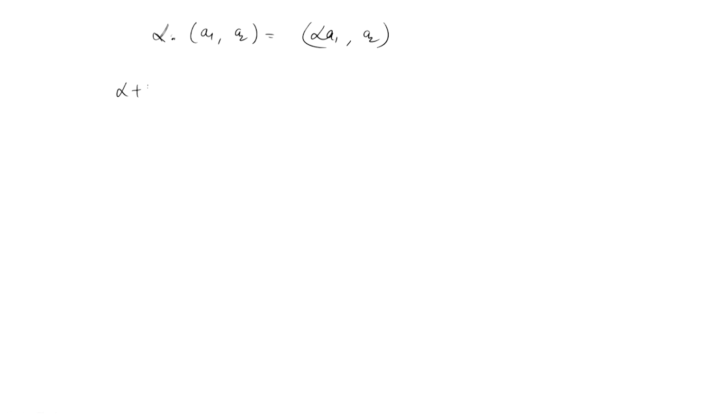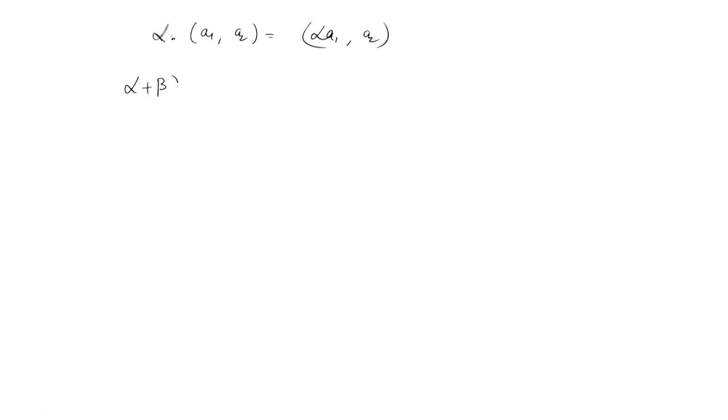If you take (alpha plus beta) dot (A1, A2), it must be equal to (alpha plus beta) dot A1 and (alpha plus beta) dot A2. What I want to say, basically, is that if it is a vector space, it must satisfy all the properties of a vector space. If it is not satisfying any one of the properties, it is not a vector space.